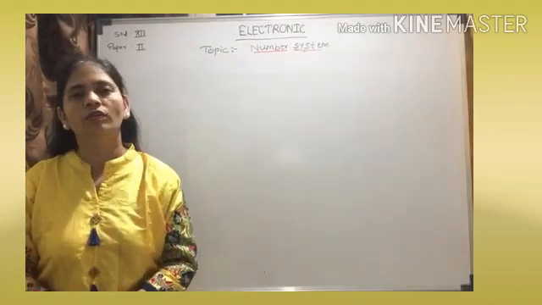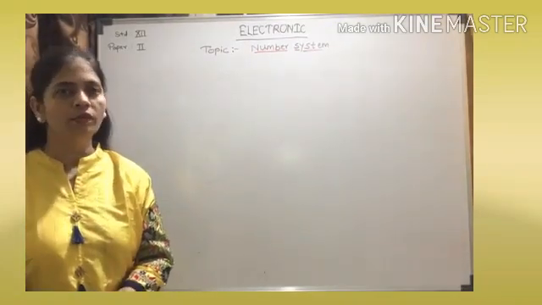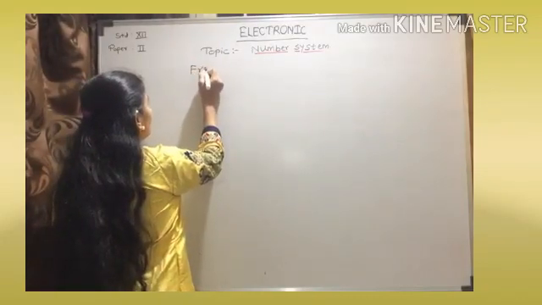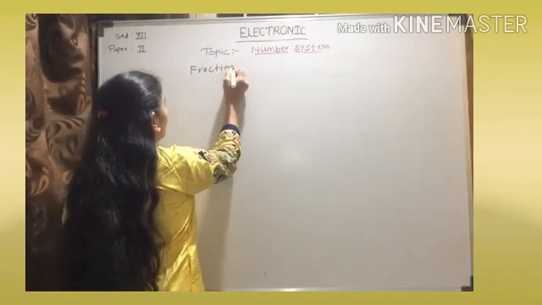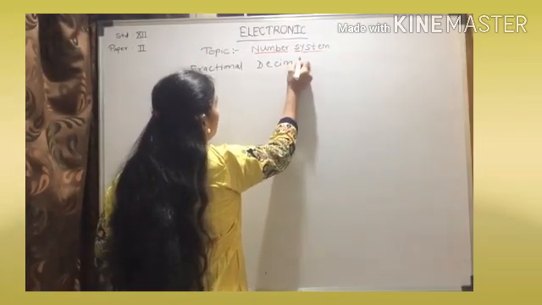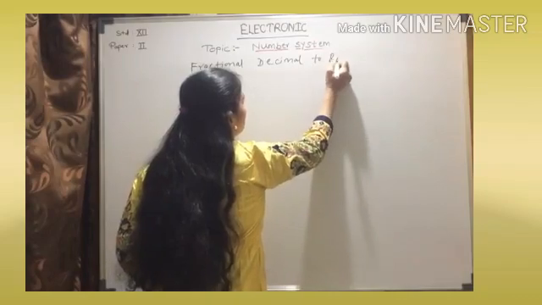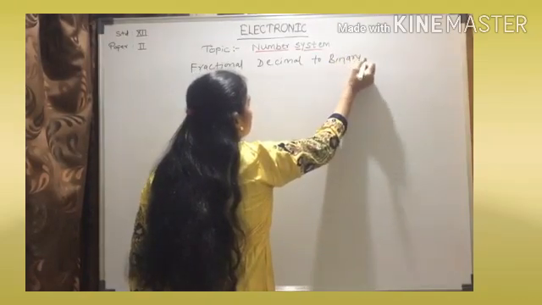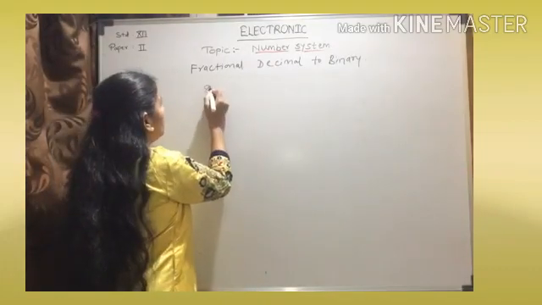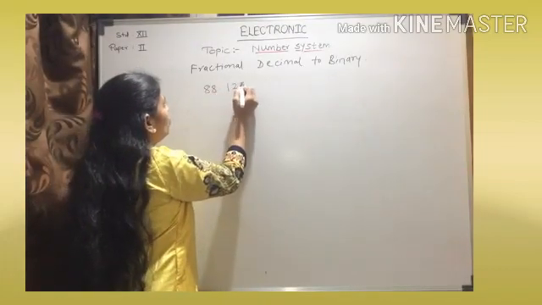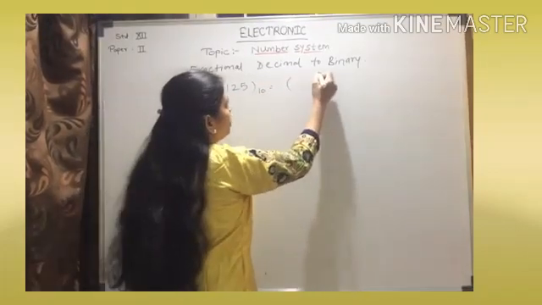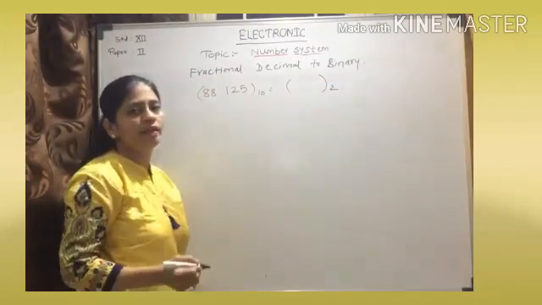Fractional decimal to binary conversion. Example is 88.125. It's a decimal number and we have to convert this number into binary.